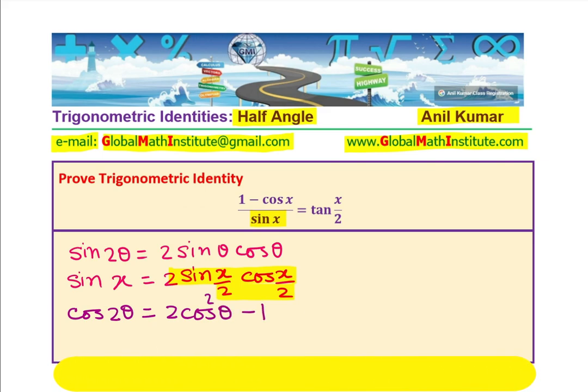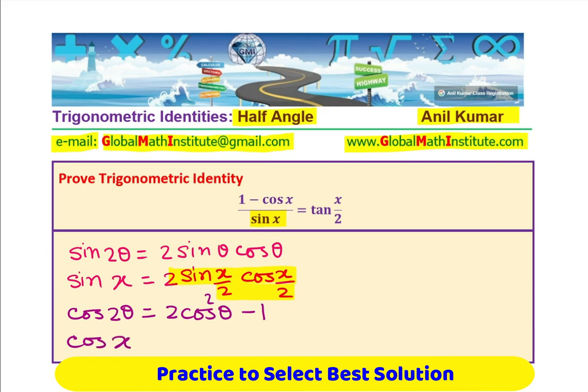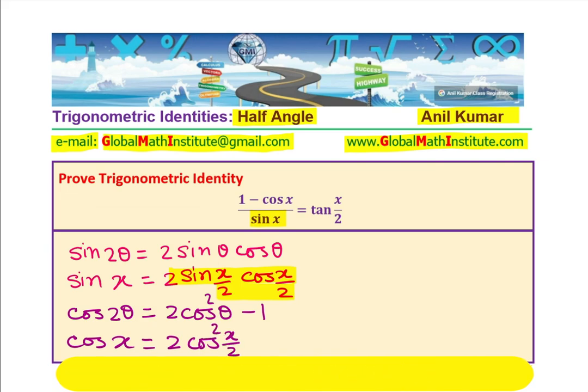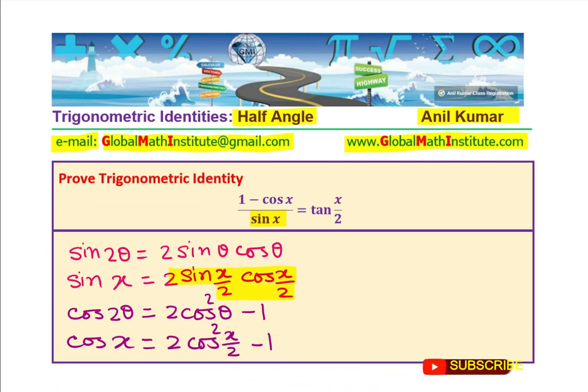Now here again, if I replace 2 theta with x, I will get this as 2 cos square x by 2 minus 1. Right. So that is how we can replace this cos x.